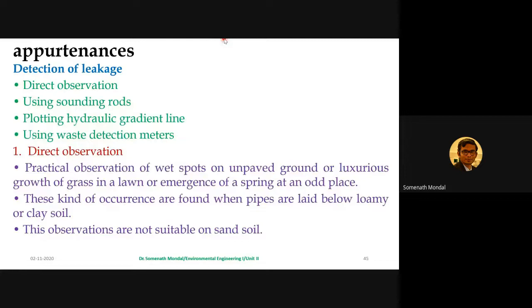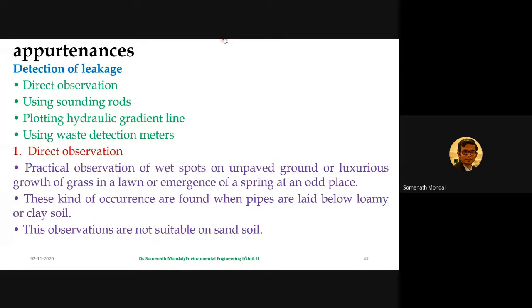Now, apart from that, there are a few other types of appurtenances which we are going to talk about. That is the detection of leakage. How to detect the leakage is a big question, and the overall revenue generation of a particular water supply scheme depends upon how efficiently you as an engineer detect the leakage of purified water.